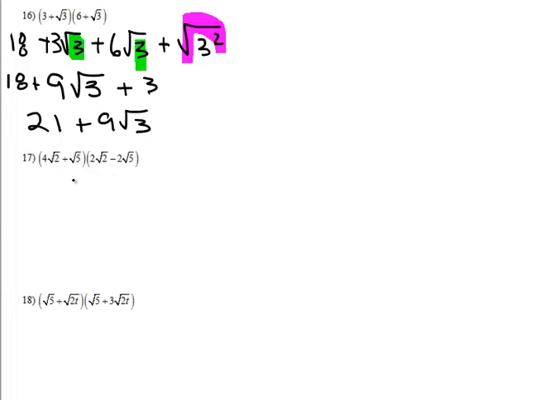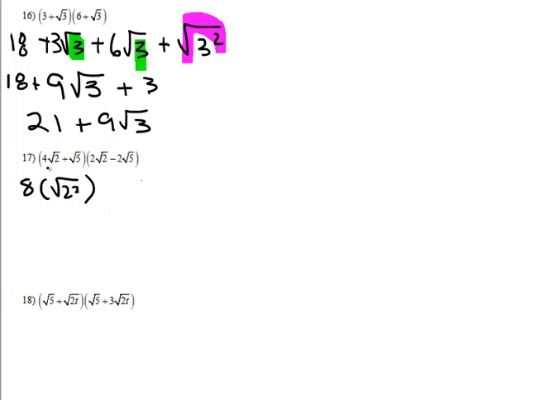Okay, so let's look at this next one. And here I'm going to say 4 times 2 is 8 times that, plus 4 times, so that's, oops. Pay attention to your signs. One of the things that happens is that we're so busy worrying about the radicals that we don't pay attention to the signs.